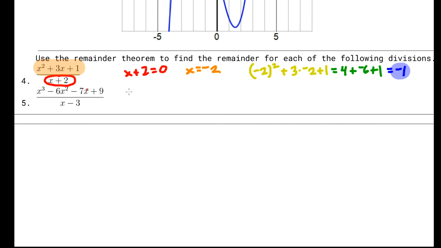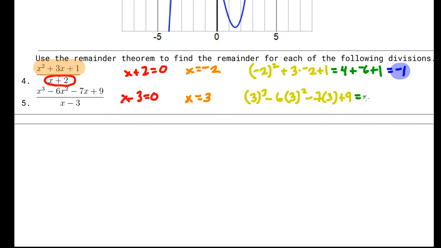Then I'm going to do the same thing with the next one. This time it's x minus 3 on the bottom, so x minus 3 is equal to 0. This means the x that we're going to be testing out is 3. So I'm going to plug in 3 to that top part. It's going to be 3 to the third minus 6 times 3 squared minus 7 times 3 plus 9.